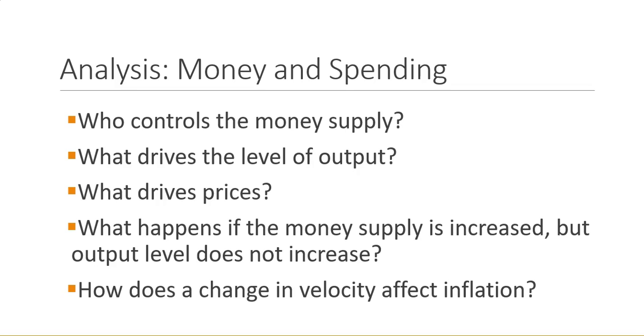What is the result if the money supply is increased and the output level does not change? And then finally, how does a change in velocity affect inflation? And remember back to the previous example, inflation is simply the P, the price variable of the four variables that we're working with. So think about those questions.